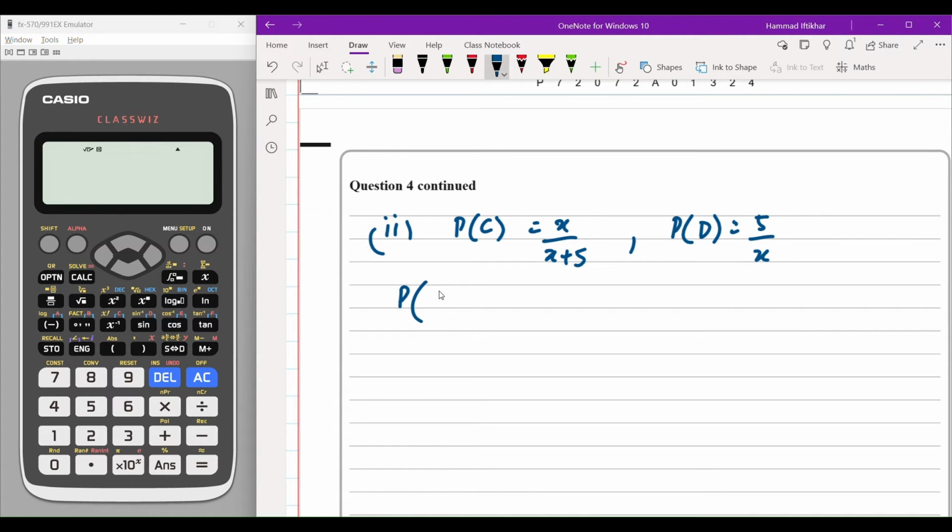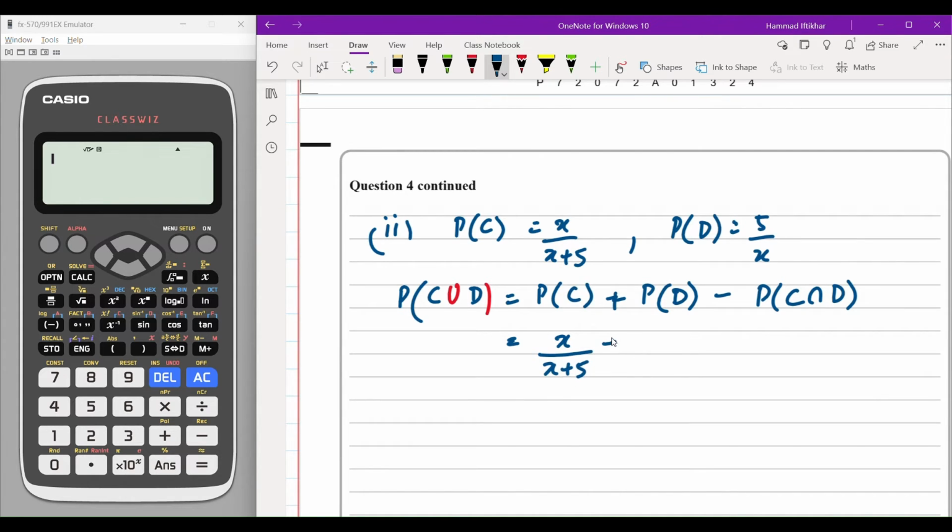Okay, so if we actually want the union of these things, we will have the probability of C plus probability of D minus probability of C intersection D. So we don't know anything except the probability of C and D. So that is x/(x+5) plus 5/x minus probability of C intersection D, and that is equal to that.